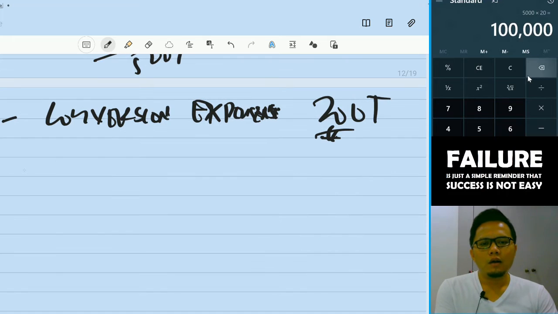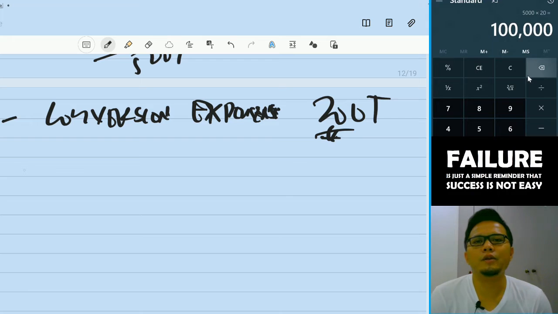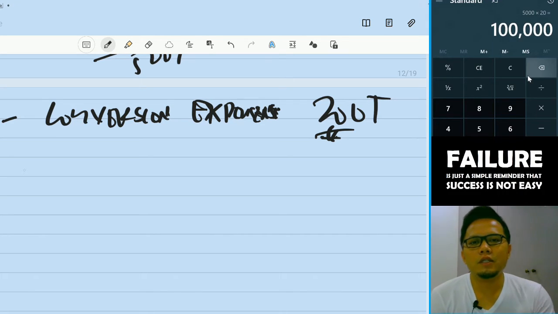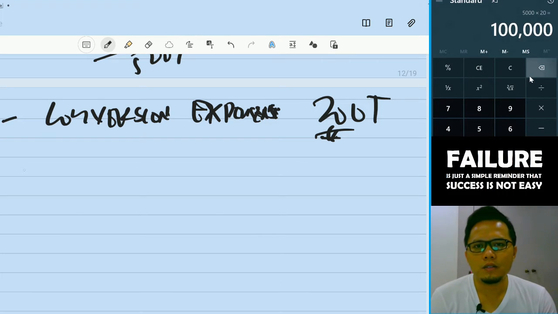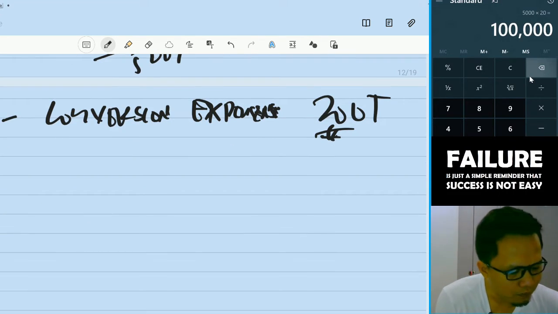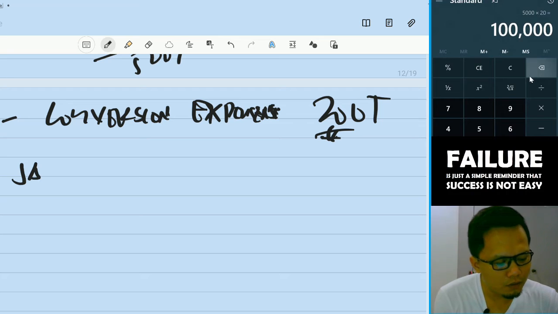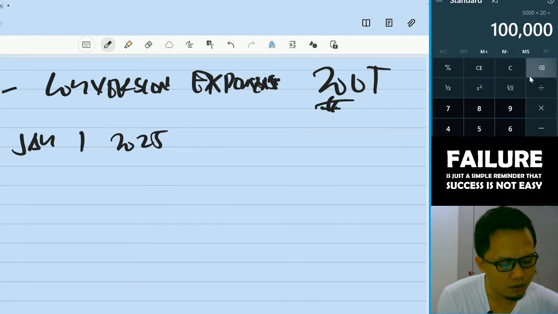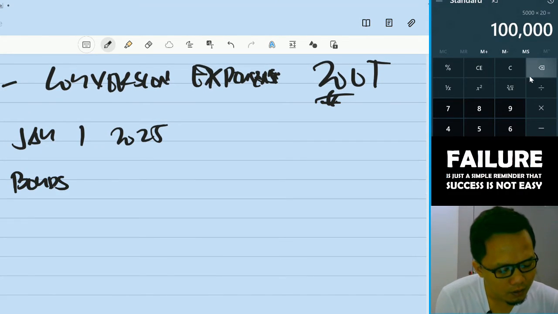Then, instead of recording it as a conversion expense, we will charge it to share premium issuance. So how will we recognize that entry on January 1, 2025, date of conversion? Same as before.